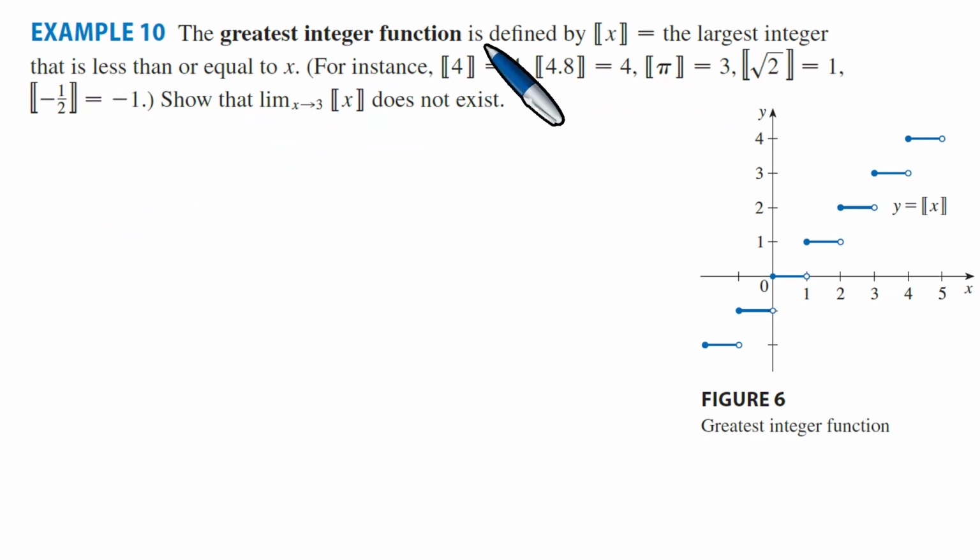For instance, the greatest integer function of 4 is 4 because the largest integer less than or equal to 4 is 4. In the case of 4.8, we want the greatest integer less than or equal to 4.8.